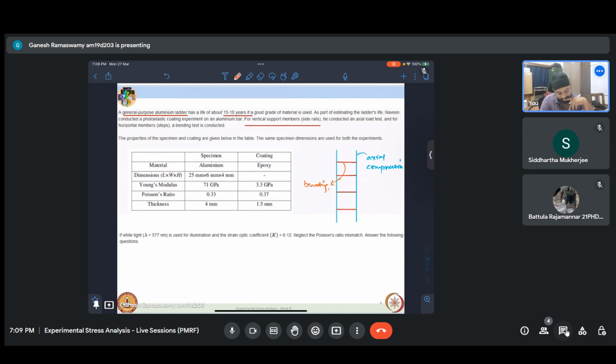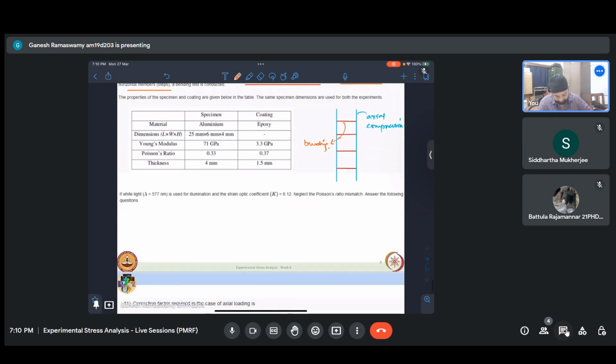So what I said is Naveen conducted a photoelastic experiment on an aluminum bar. For vertical support members, the side rails, he conducted an axial load test. And for the horizontal members, the steps or the rungs as they are called, a bending test is conducted. The properties of the specimen and coating are given in the table below. The same specimen dimensions are used for both the experiments. So the white light lambda is given to be 577.